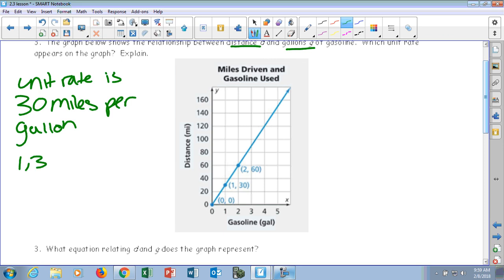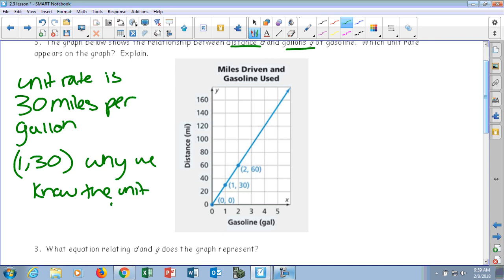The point 1, 30, which Robert said to us, is why we know the unit rate.